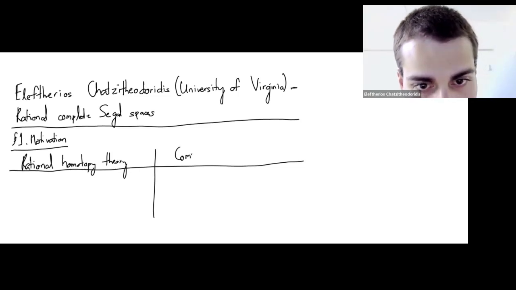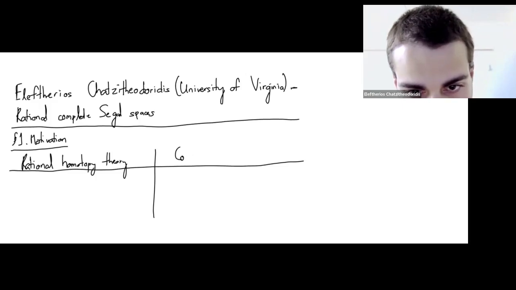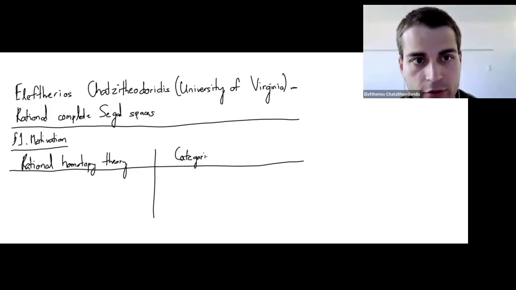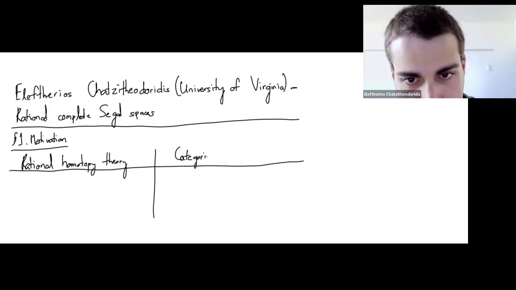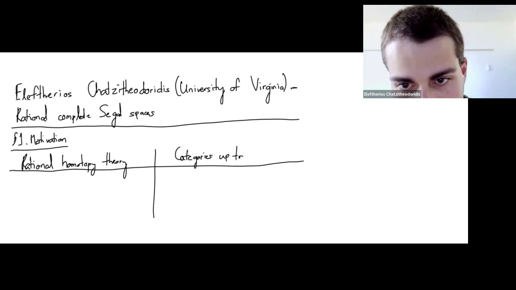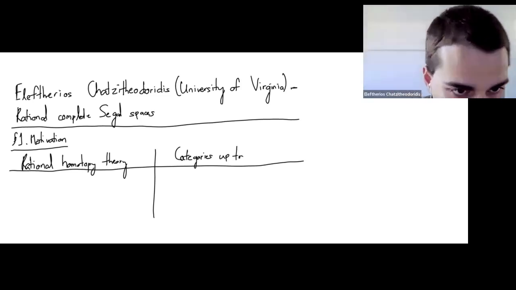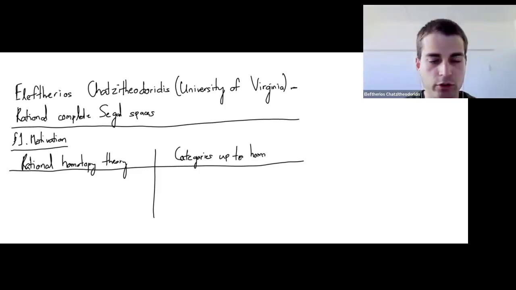So, structures that want to be categories, but associativity or unitality of composition doesn't hold on the nodes. So categories up to homotopy.